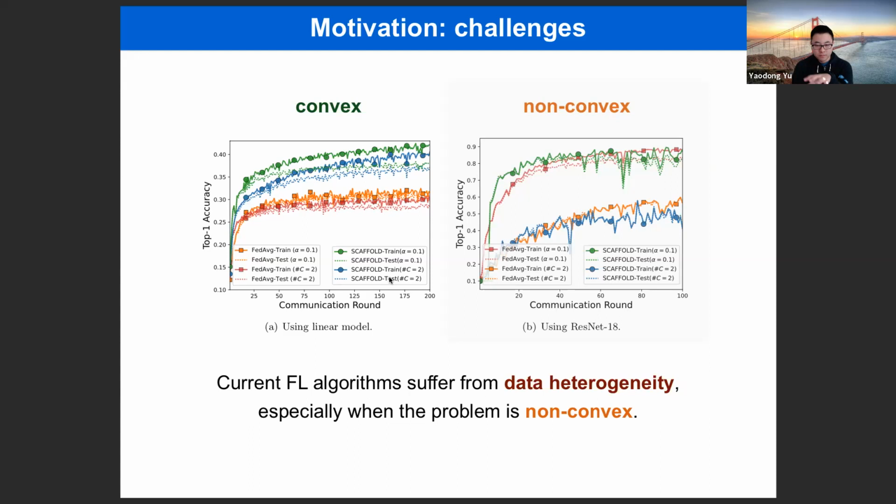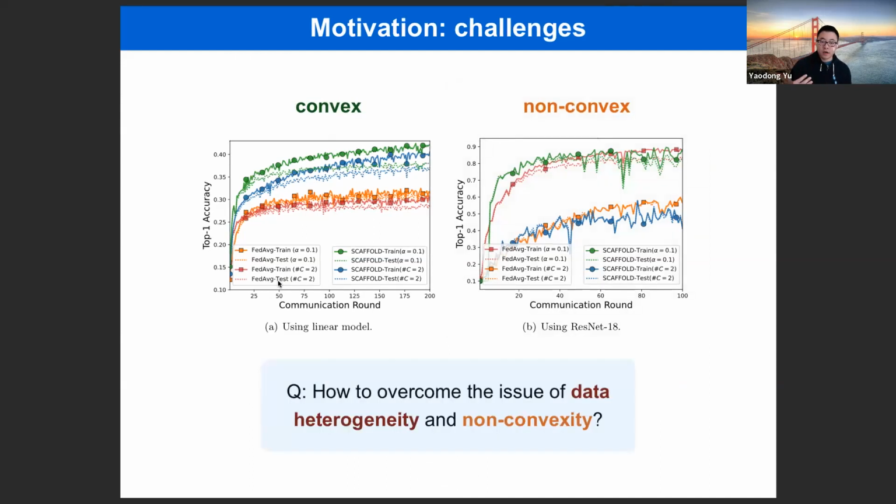However, in the case of both data heterogeneity and non-convexity, current FL algorithms suffer. In this work we are trying to tackle how to overcome the issue when both cases happen.